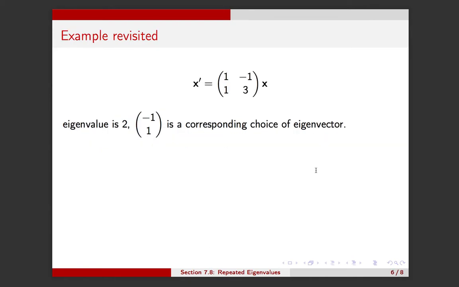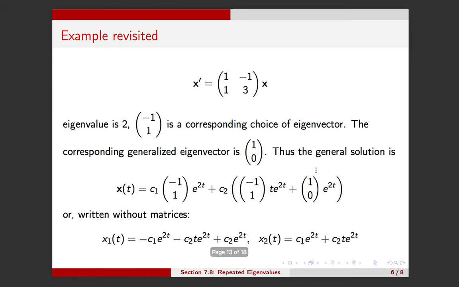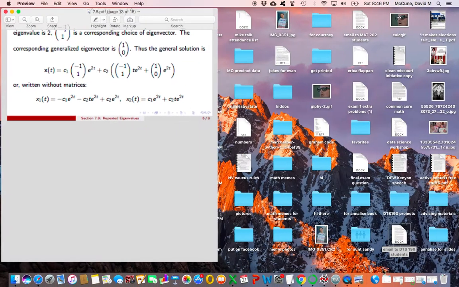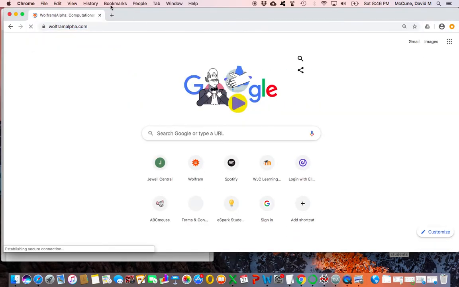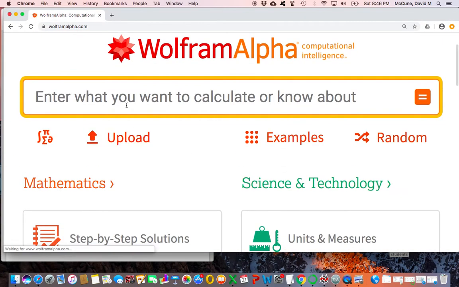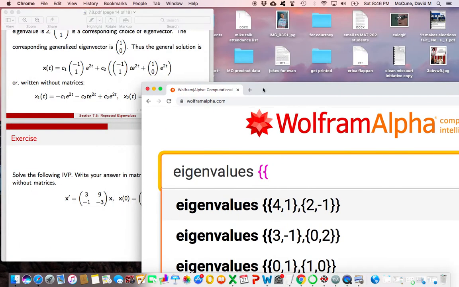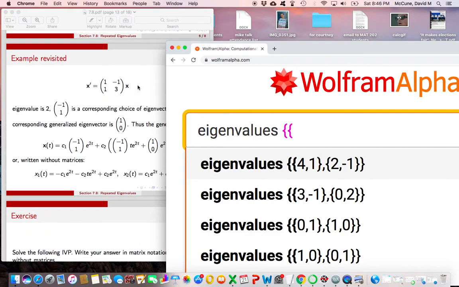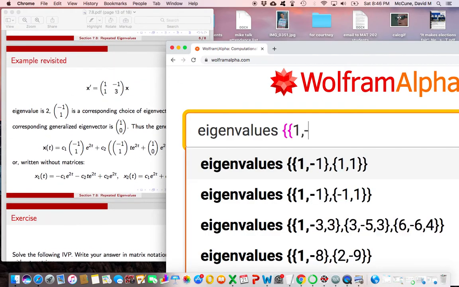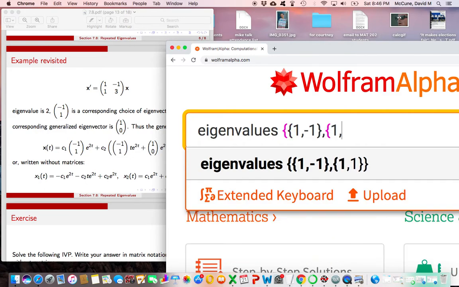So here's the example revisited. Again, it has one eigenvalue, one corresponding choice of eigenvector. The corresponding generalized eigenvector, it turns out, is 1, 0. Let me just show you that. If I go to Wolfram and ask it for eigenvalues, I got to remind myself what this matrix is. 1, negative 1, in row, open new row, 1, 3.